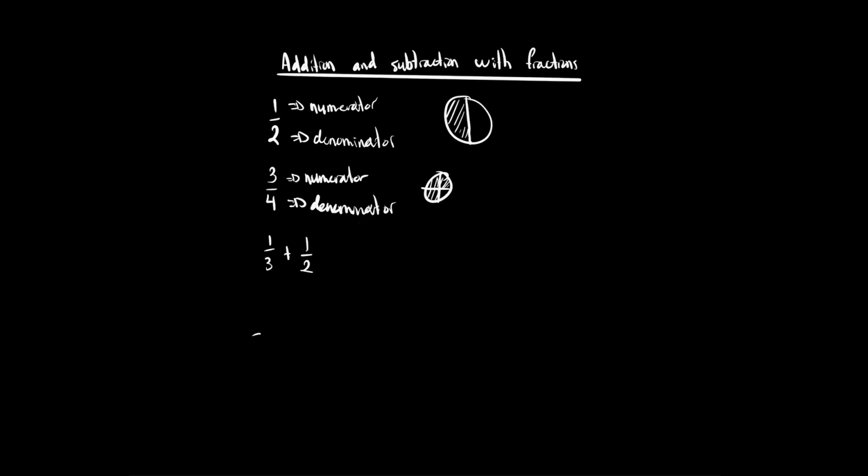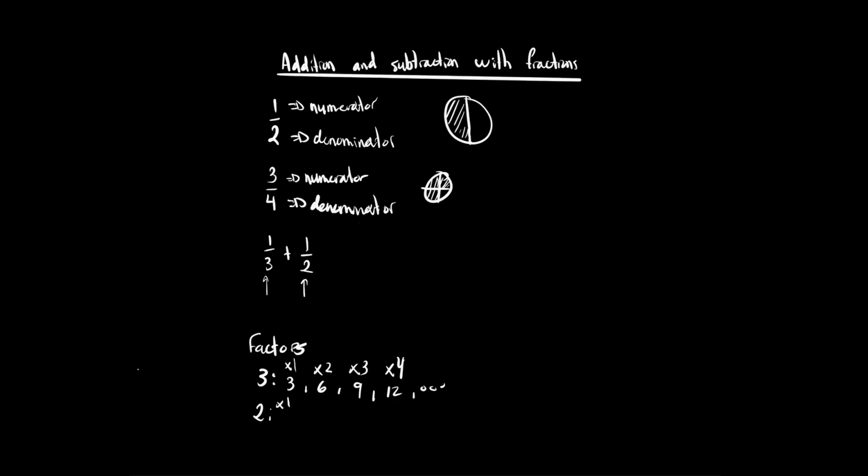So let's say we want to find the factors for 3, because the first denominator is 3. So we have 3 times 1 equals 3, times 2 equals 6, times 3 equals 9, times 4 equals 12, and so on. Now we can do the same thing with the 2.